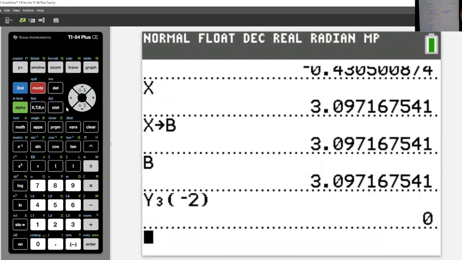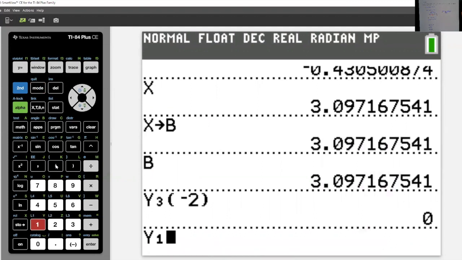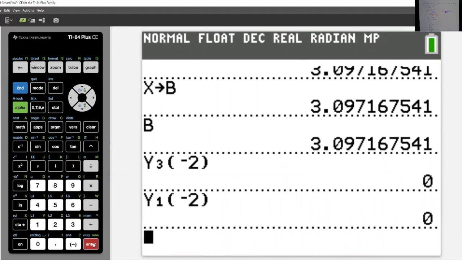Go back to the home screen. Okay, so here we go. Sorry about that. Press alpha, trace, and we want number 1. And we're going to evaluate that function at -2. And then press enter. Okay, turns out to be 0 also, okay? Just happened to be that way, okay?